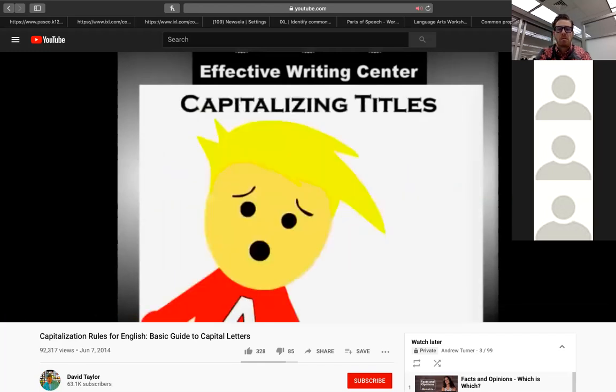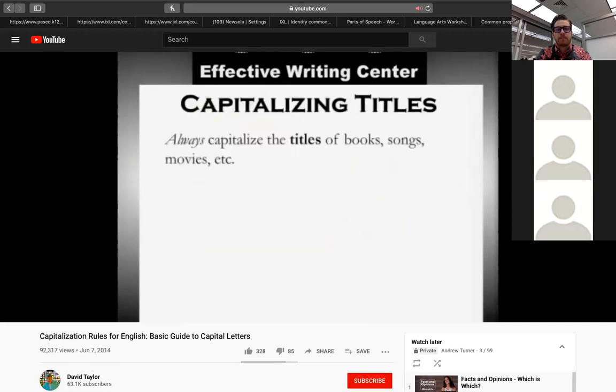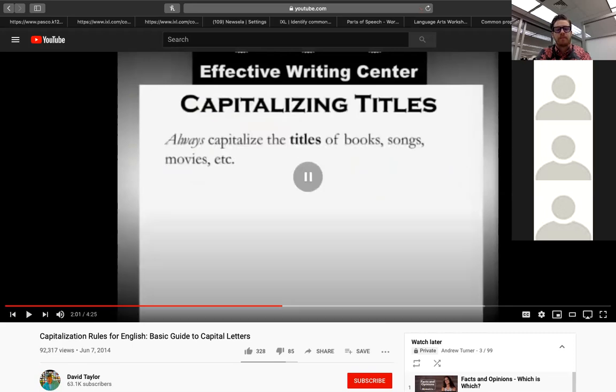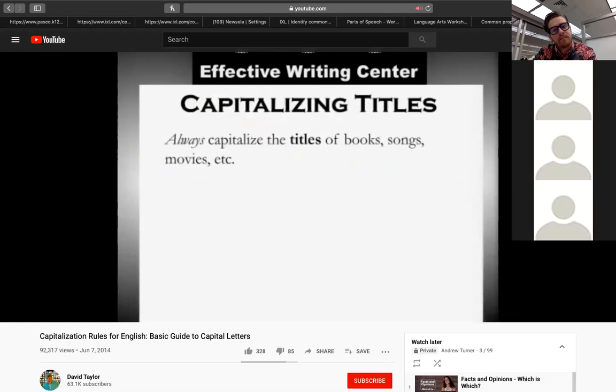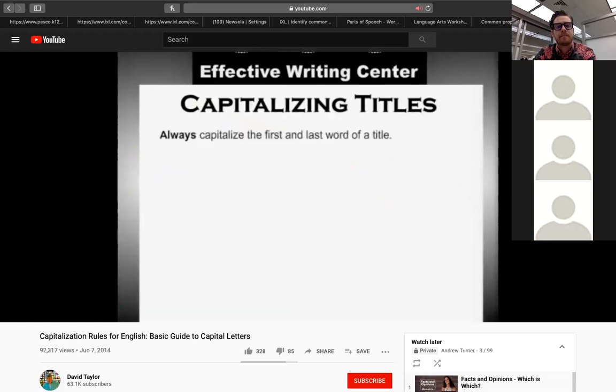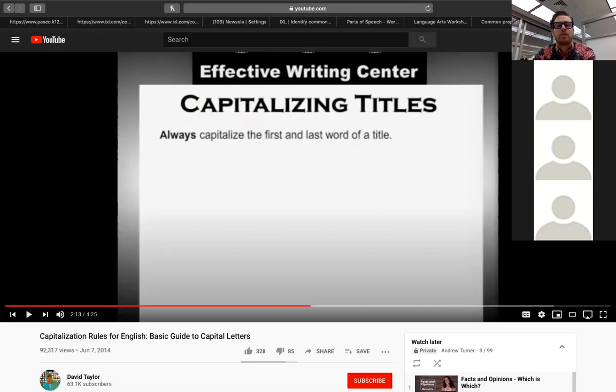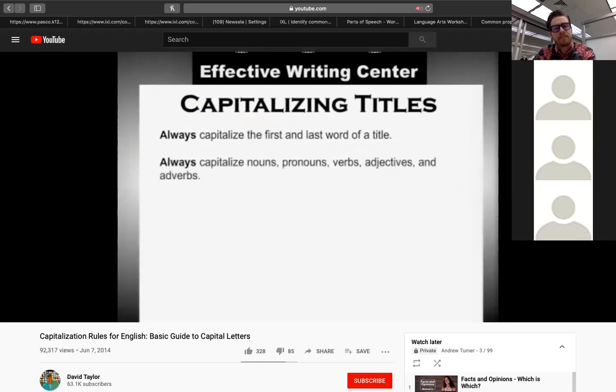Here's the trickiest rule. You always capitalize the specific title of books, songs, movies, and other literary works, but you don't capitalize every word in the title. Here's what you want to do. Always capitalize the first and last word of a title. So that's one rule. Your first and last of the title have to be capped. Always capitalize nouns, pronouns, verbs, adjectives, and adverbs.